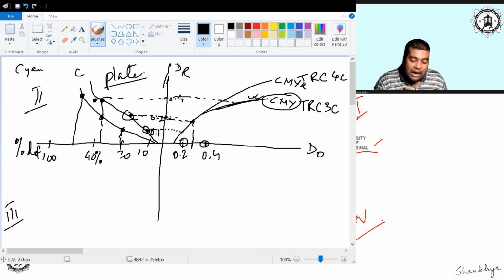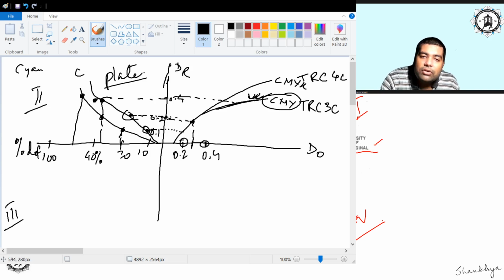My goal is to find out what dot percentage I need to reproduce in my negative, so that ultimately after printing I get a printed image which follows this particular tone reproduction curve. That means these densities are to be followed, right? So let us see what is done.